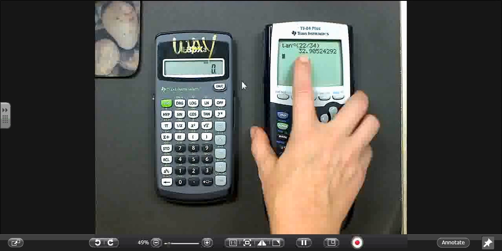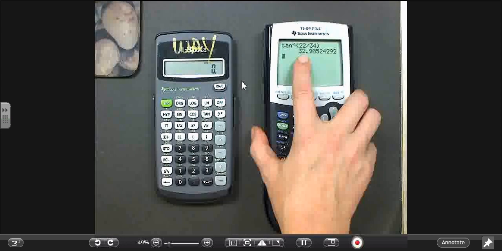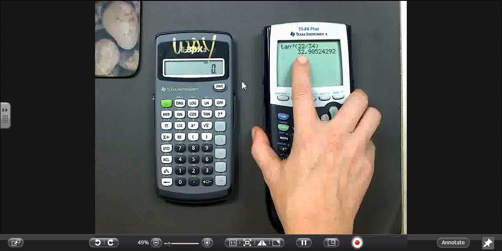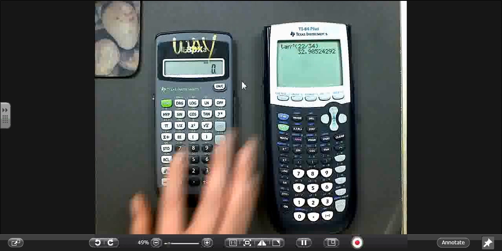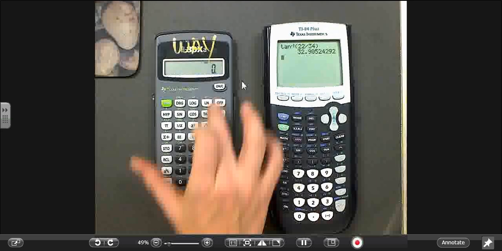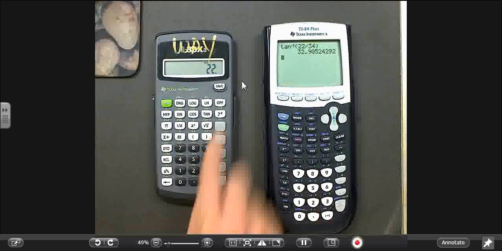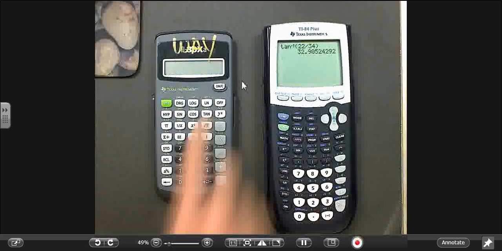Now for degrees, I'm going to allow you to do the nearest whole degrees. No decimals for degrees. It gets too ridiculous. So it says 32.9. We're going to call this 33 degrees. On the smaller calculator, you do the other direction. Watch: 22 divided by 34. Hit the equal sign. Then you do second function tangent.